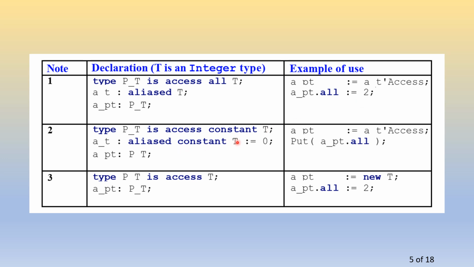For access constant, you use access constant T, and one more variable here, and you print the value here. And the next one is where you want to allocate from memory, you can assign like access T, then new T, and A_pt.all is the value assigned to some storage location which is not a locally declared variable.